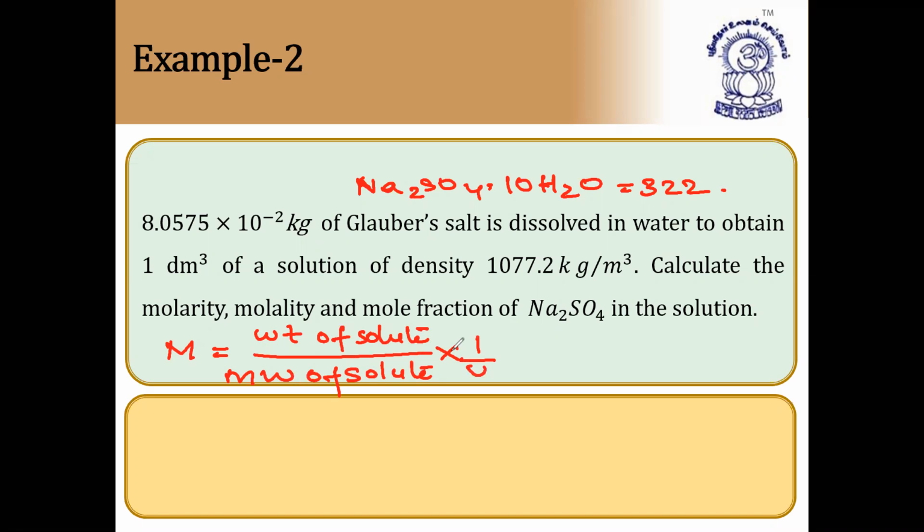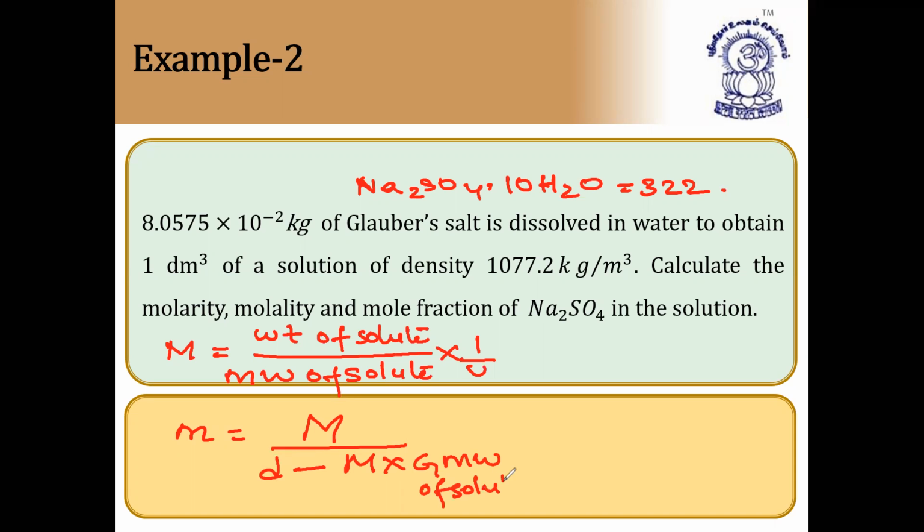So by using this formula, you'll get molarity. After getting molarity, molality m is equal to, I'm writing all the formulas, capital M by density rho, minus M, that is molarity, into gram molecular weight of solute.